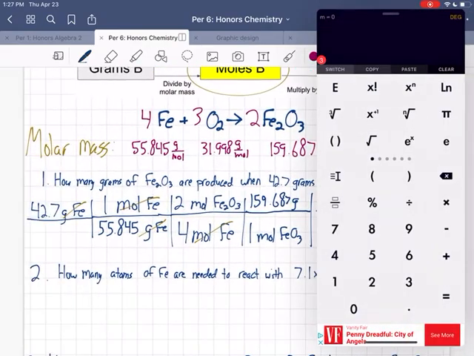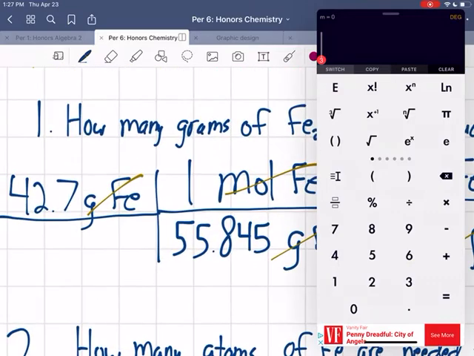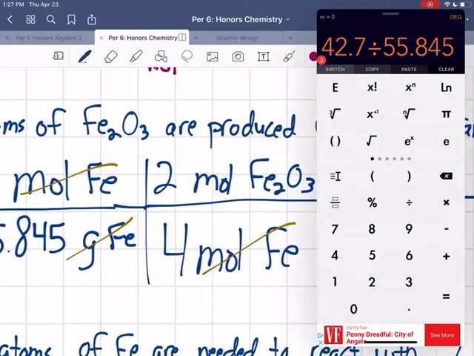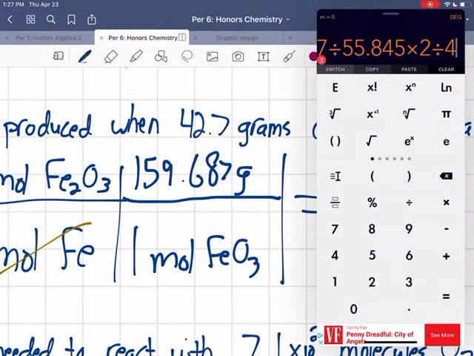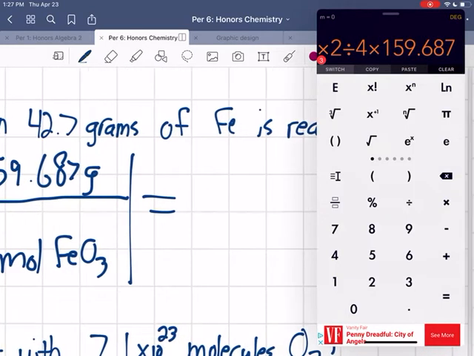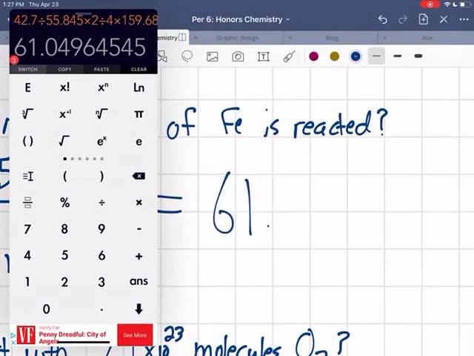All right, we can bring out the calculator now. Let's go down the line. 42.7 divided by 55.845 times 2 divided by 4 times 159.687, and that is going to equal 61.05.